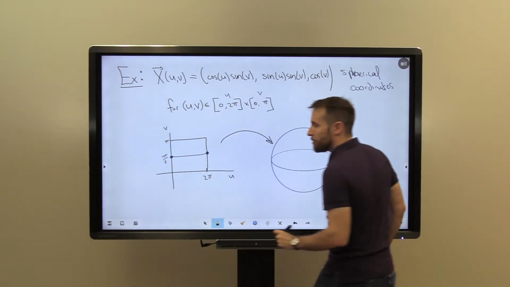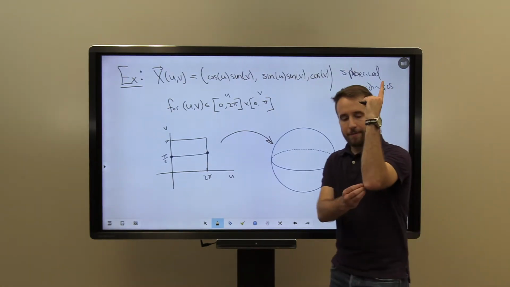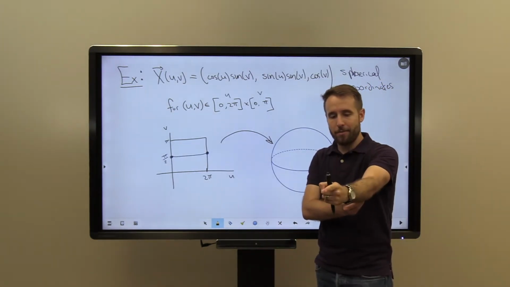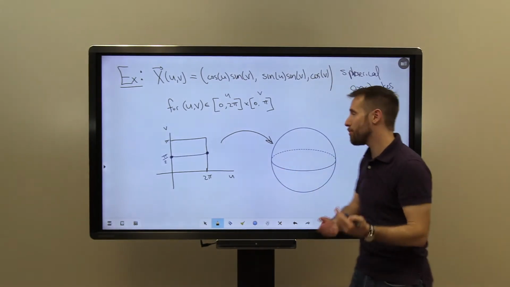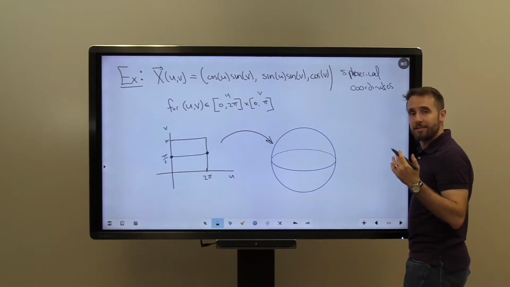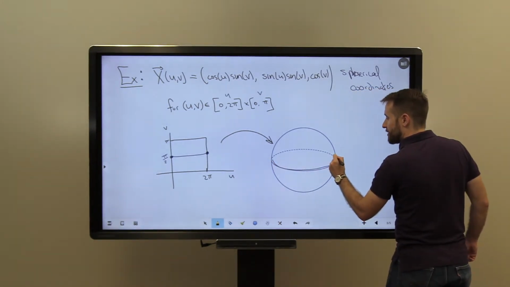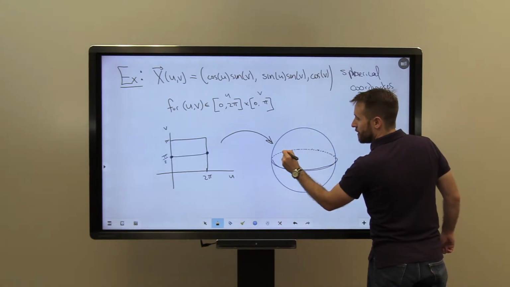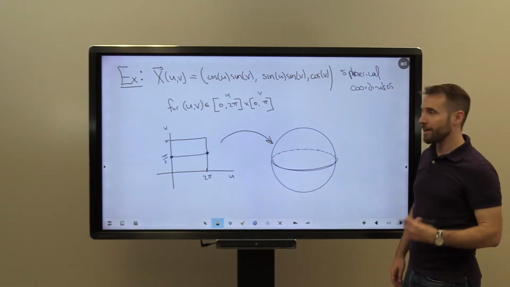The u is allowed to range all the way from 0 to 2 pi. So this coordinate curve will have a sort of downward angle at pi over 2, and will go all the way from 0 to 2 pi, which means that this will wrap all the way around this sphere along this equator, or this great circle. So that is this coordinate curve.